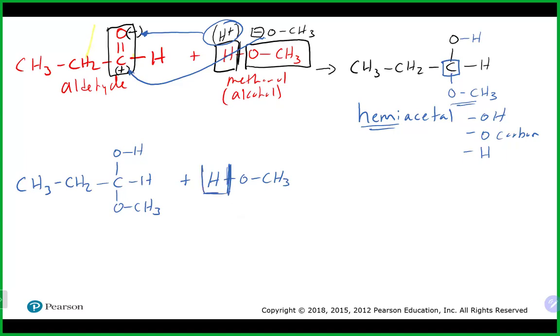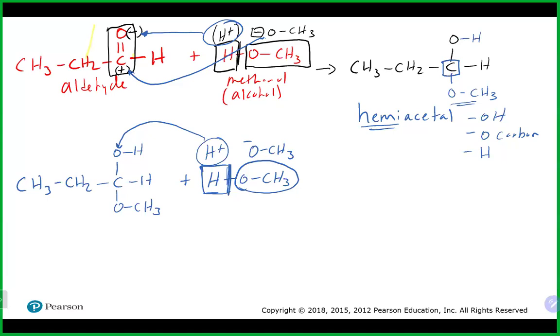We're going to have our H plus, and we're going to have this oxygen carbon group here, which is technically negative as well. So what's actually going to happen in this particular case is the hydrogen will come on over here to the OH, and it will make water.